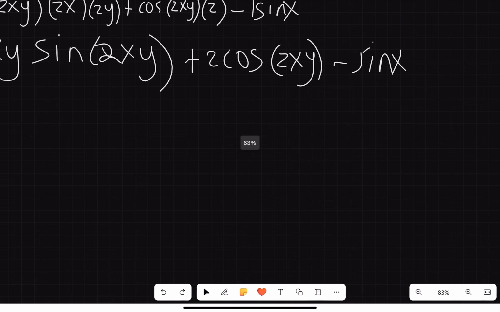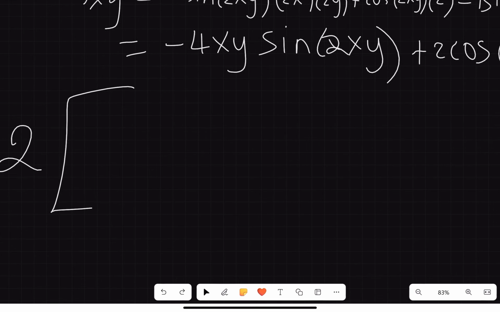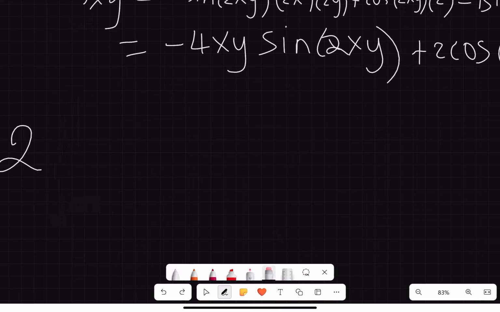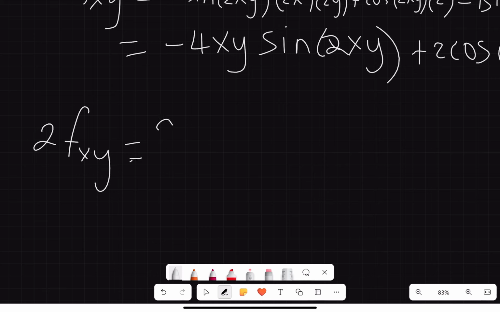Okay, let's do that. This is too big, let me just reduce. So we have 2 f, that is going to be 2 in bracket minus 4. Remember, the x value is 0, the y value is 2.